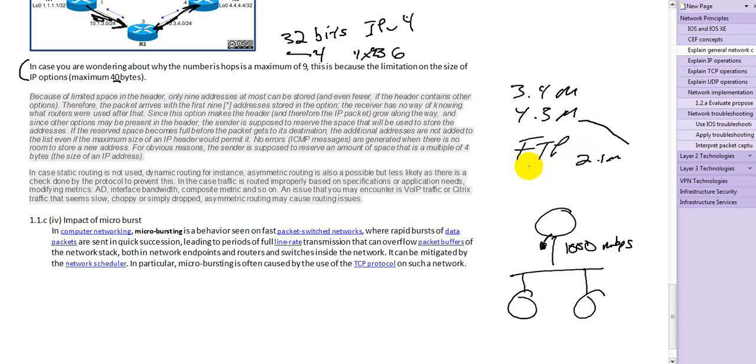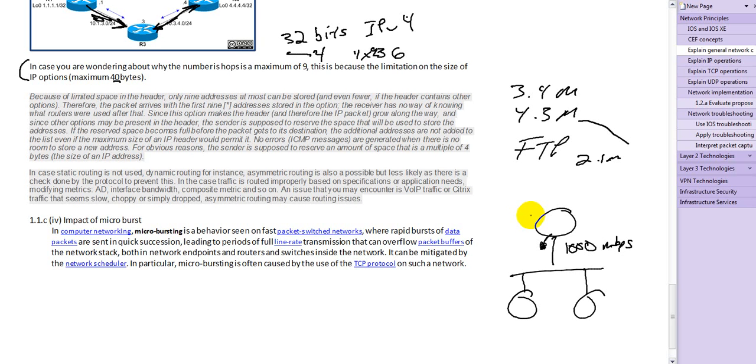What you are doing is providing a smooth, steady flow of traffic through the network, and if other traffic wants to come across, it won't be hampered or hindered by a large amount of data being sent across the network. So that's just one of the impacts of microburst.